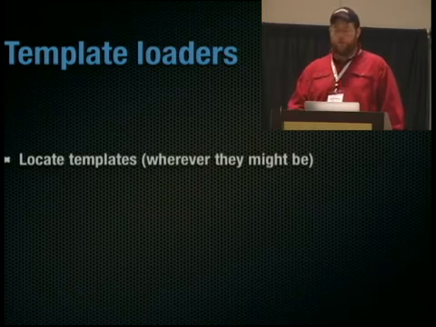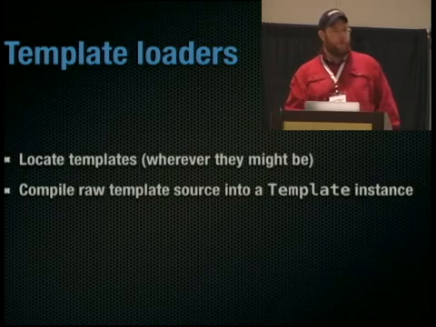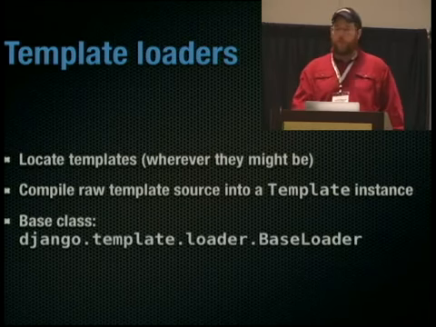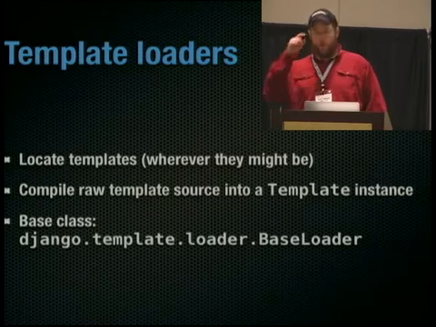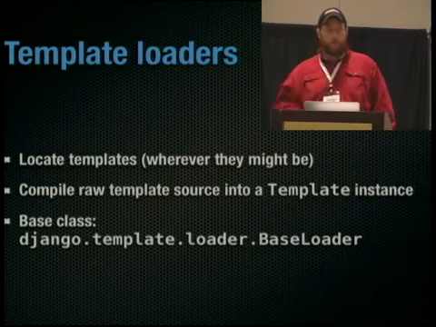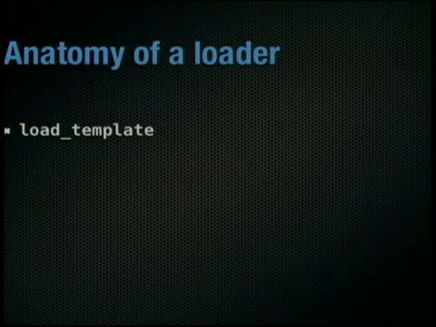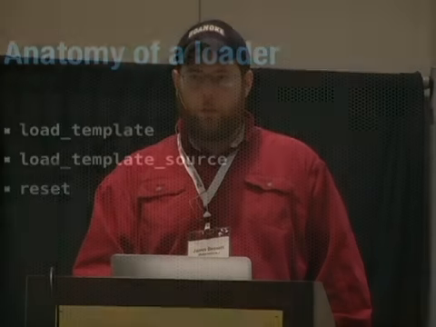A template loader basically has the job of locating a template wherever it may be and compiling it into a template instance. The base class here is django.template.loader.BaseLoader. You'll notice that there are also other loader classes that subclass from this. Basically, the methods we care about are load template source and reset.